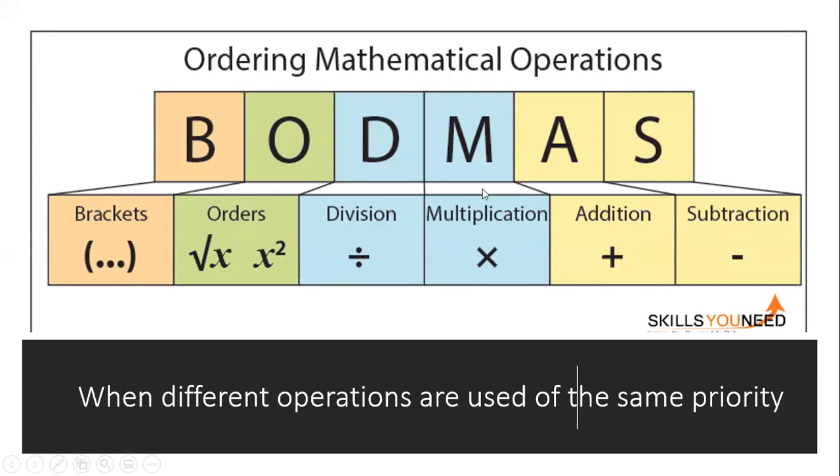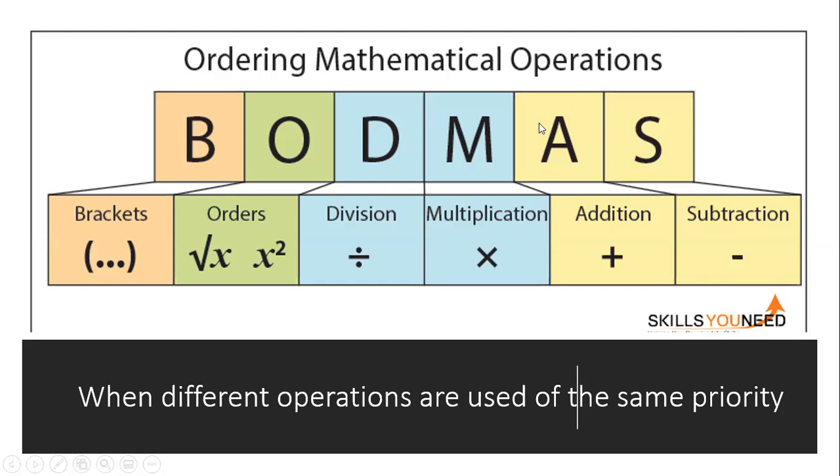So you have 7 plus 5 plus 8, and sometimes some long thing to work out. What we're saying is that division and multiplication are considered to be of the same importance, and addition and subtraction are also considered of the same importance.